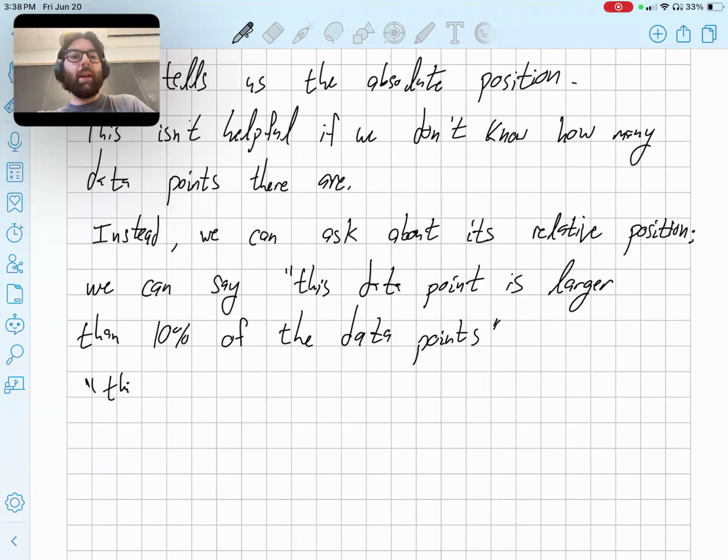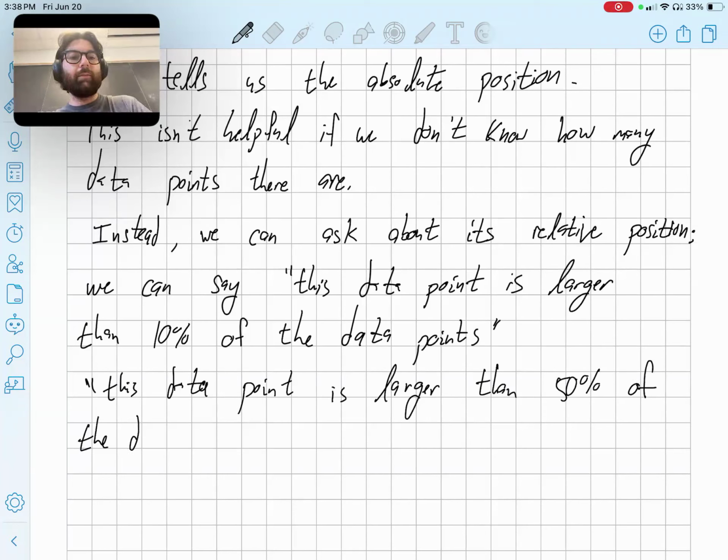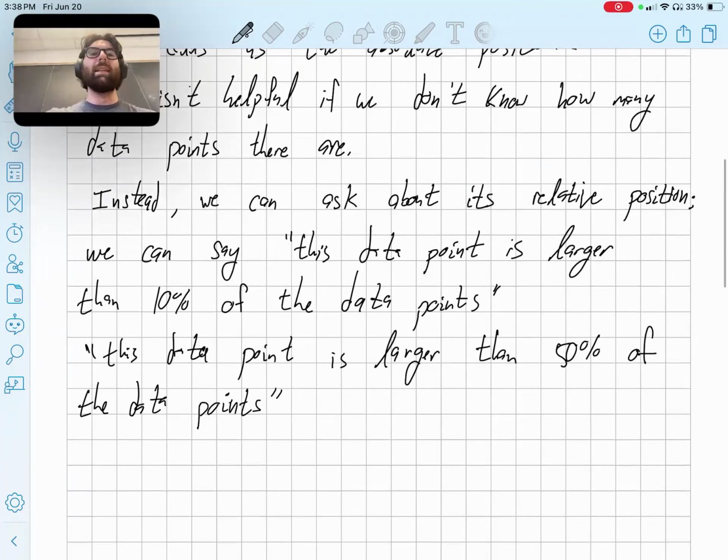Or this data point is larger than 50% of the data points. With statements like these, we don't have to know exactly where it lies, like 10th place out of 247. This gives us a relative picture. It says, okay, it's bigger than a little over half of the data points. It's bigger than all of the data points. It's not bigger than any of the data points, etc.